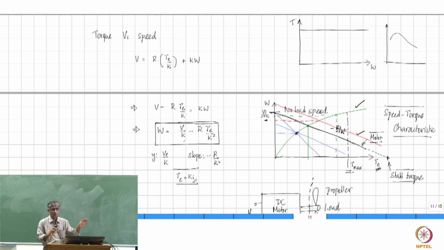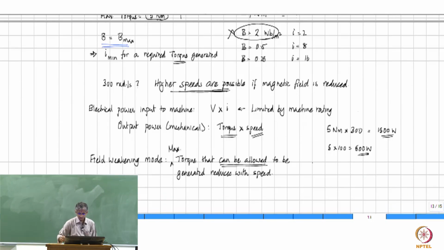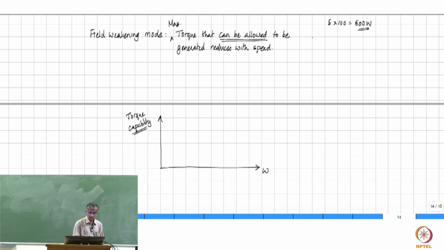It speaks about a particular operating situation. Whereas now what we are drawing is a different graph that speaks about the maximum ability of the machine to do something.